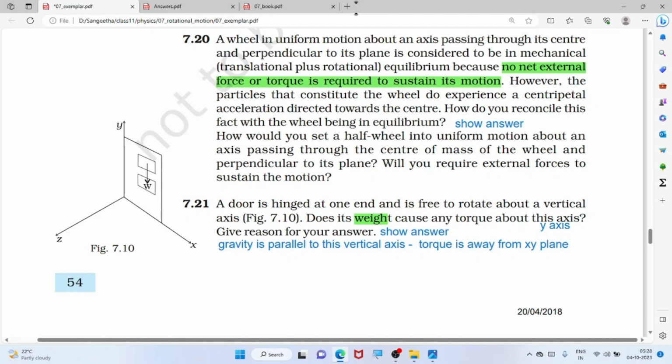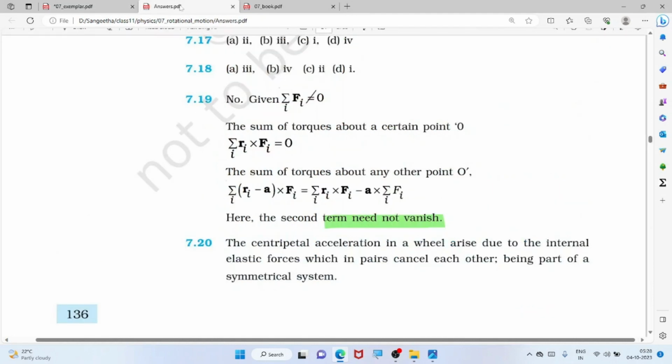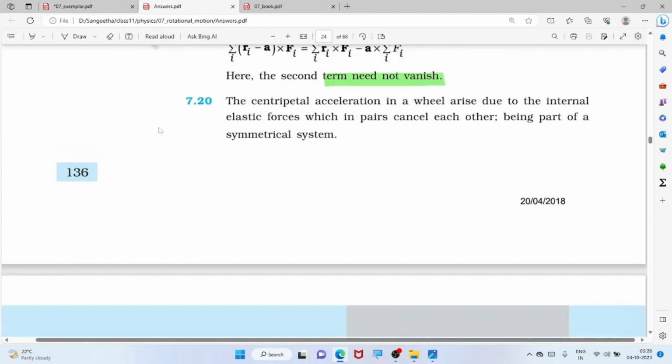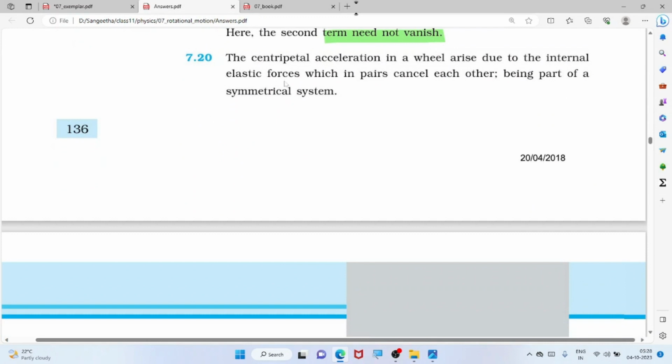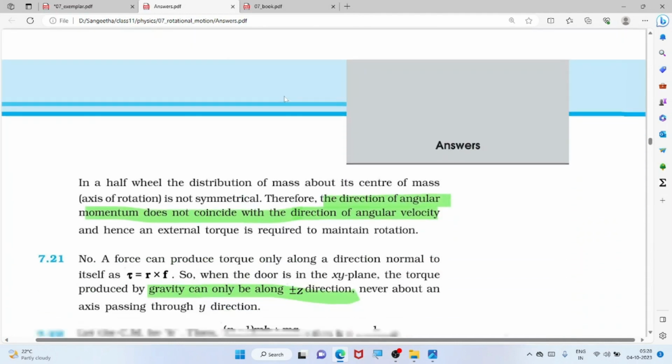How do you reconcile this with the wheel being in equilibrium? The centripetal acceleration of the wheel arises due to the internal elastic forces, whose pairs cancel each other. Being a symmetrical system, these forces will cancel out each other.